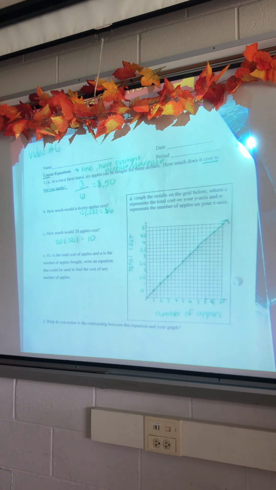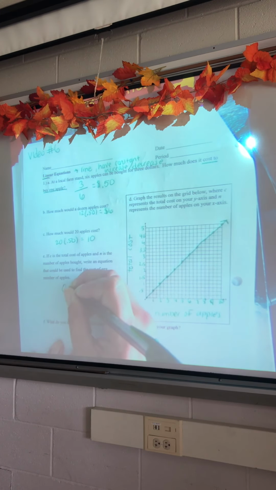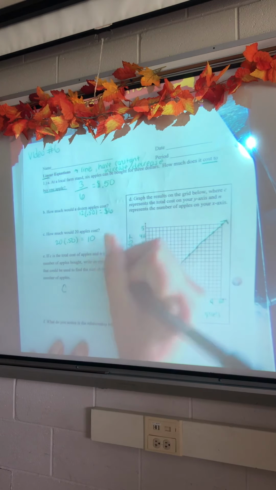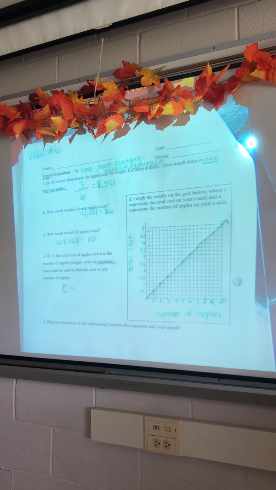Part E says if C is the total cost of apples and N is the number of apples bought, write an equation that could be used to find the cost of any number of apples. So if C is the total cost, we want an equation. So an equation has to have an equal sign. And then we said N is the number of apples bought.